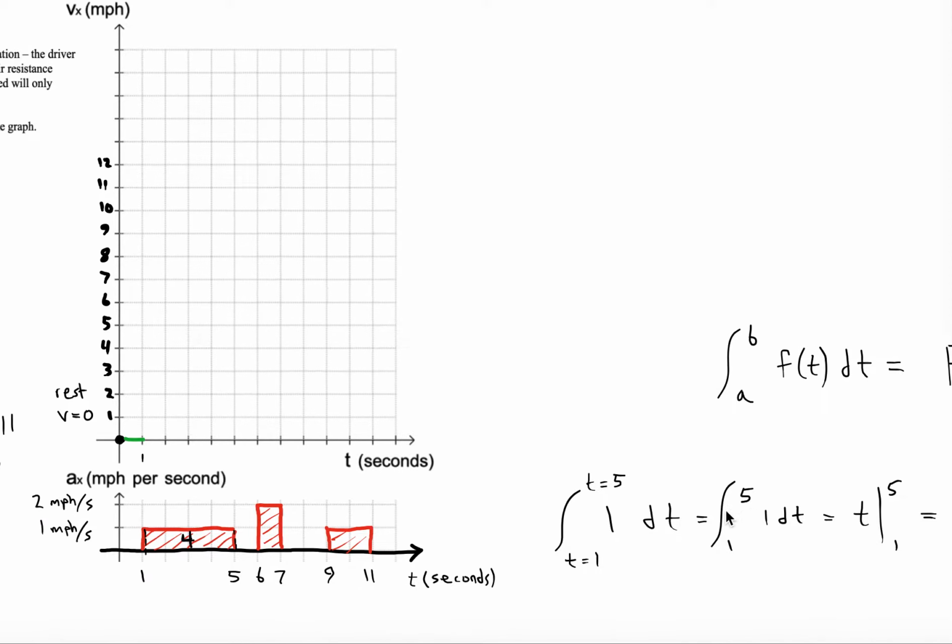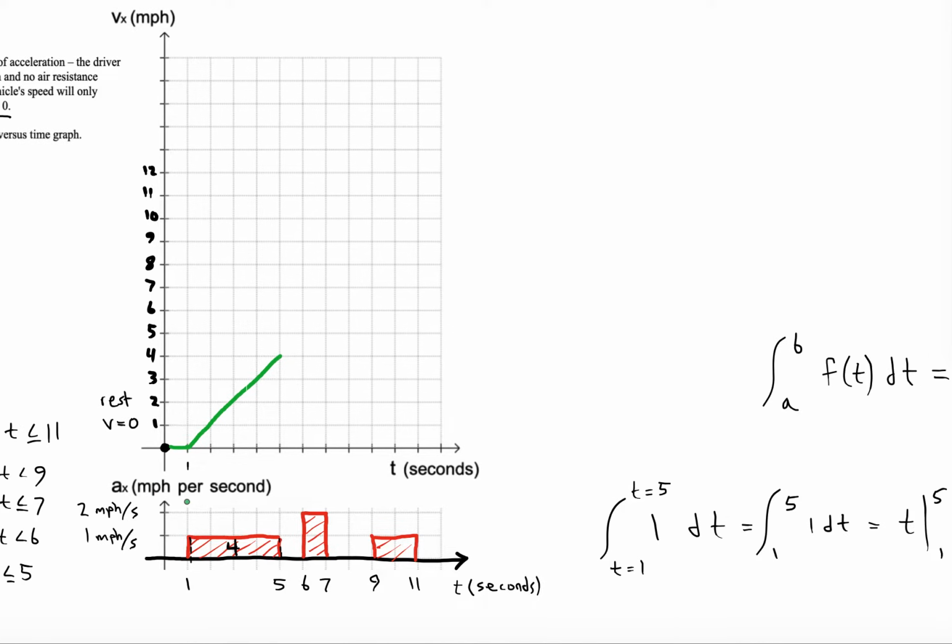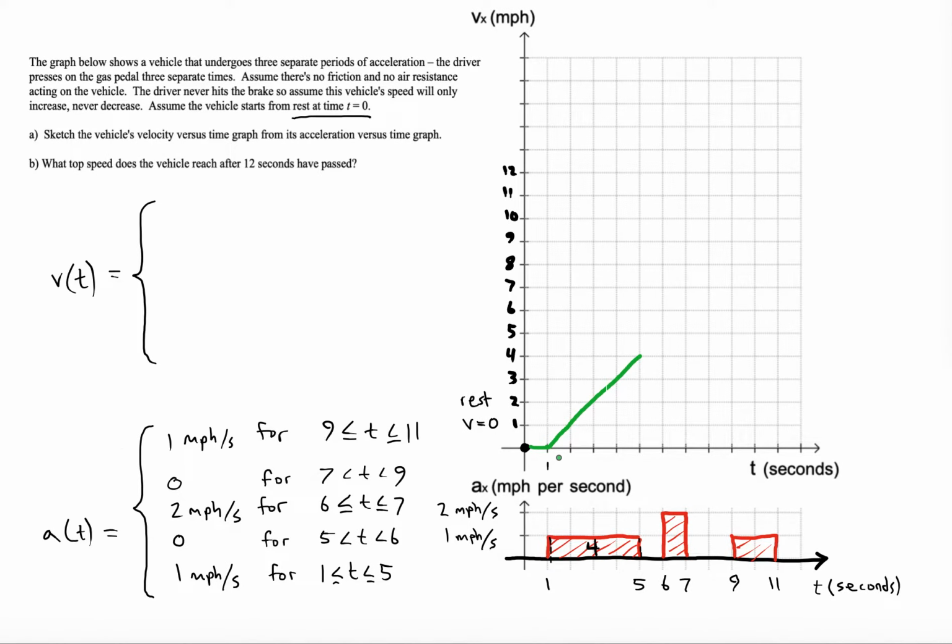Alright, so we want to let our velocity change nice and steadily so that it goes from an initial value of 0 up to a final value of 4 miles per hour.